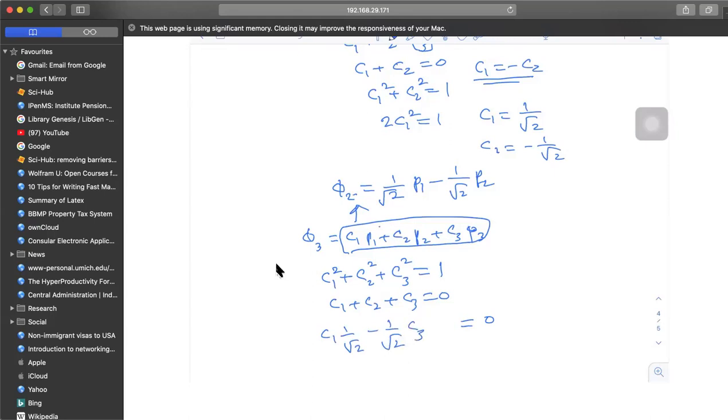C2 must be equal to 0, which implies that C1 must be equal to C2.